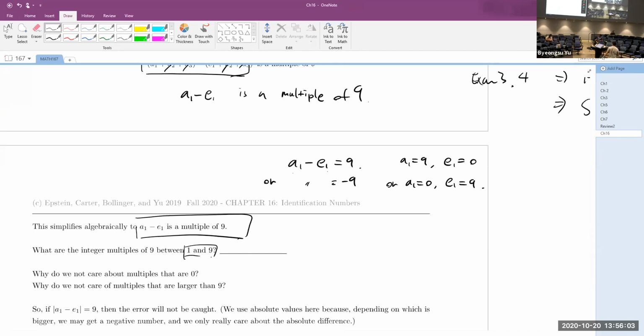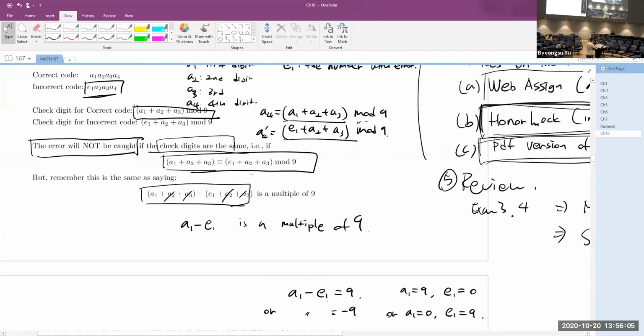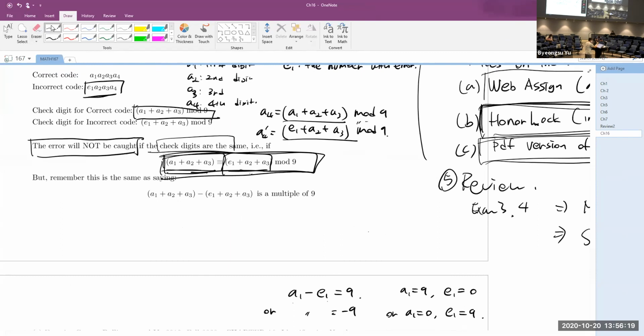Oh, yes. So what happened here is that I just simplified this equation, right? From this equation, we know the remainder of this part is the same as the remainder of this one, right? So what I did is, okay, I will just do it much more slowly.